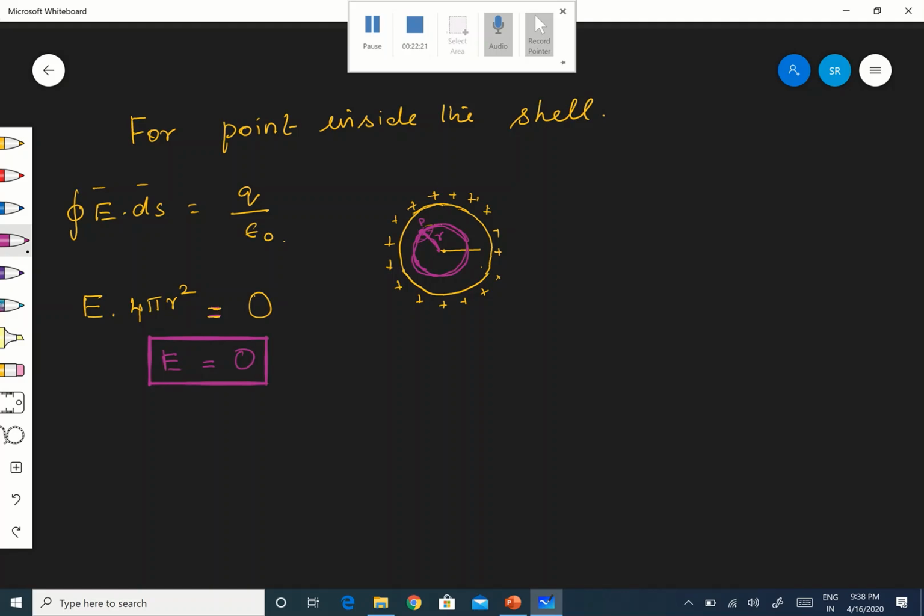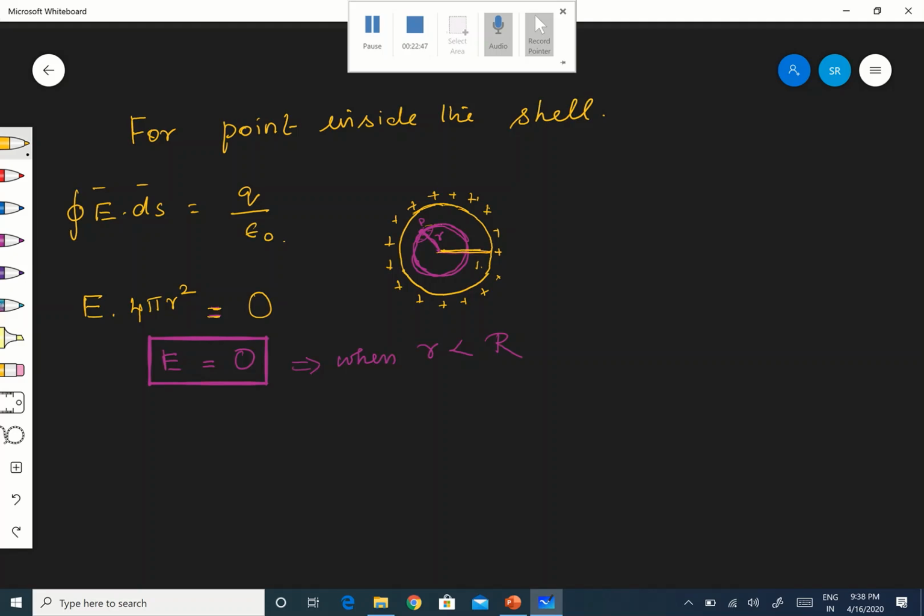Are you following? Okay. Therefore E is equal to 0 when r is less than capital R. This is your R, the radius of the shell.